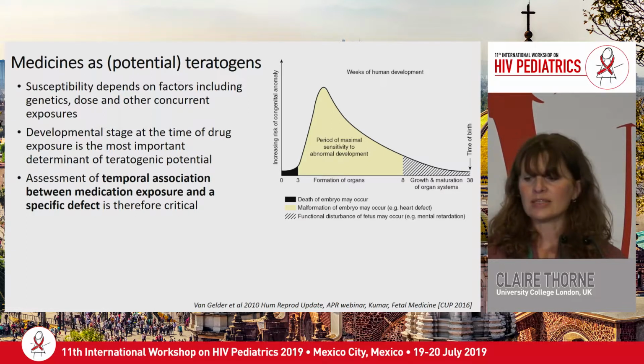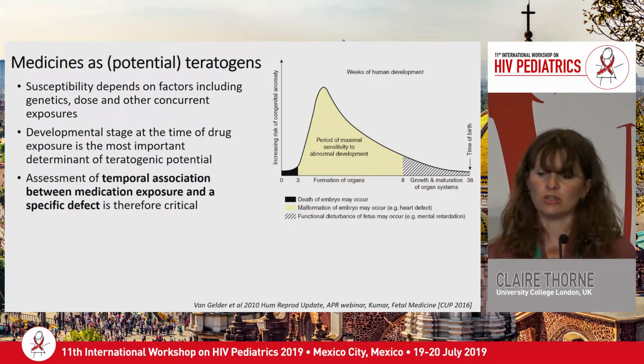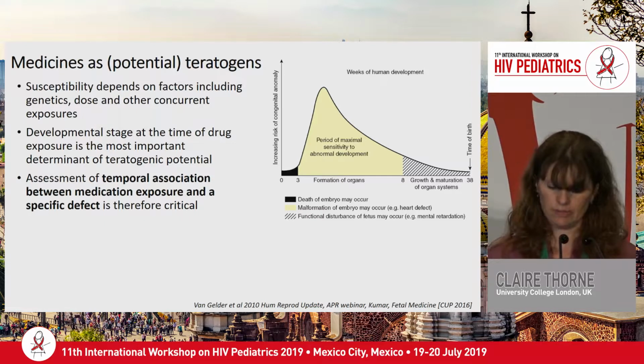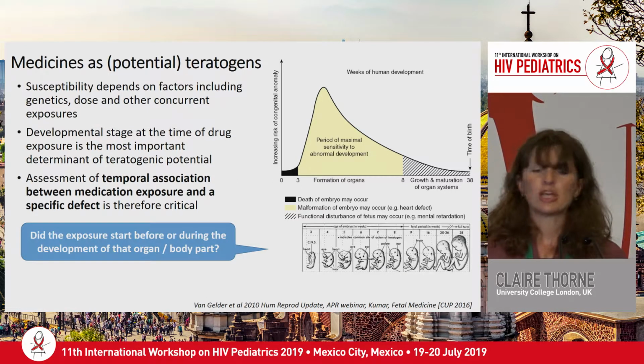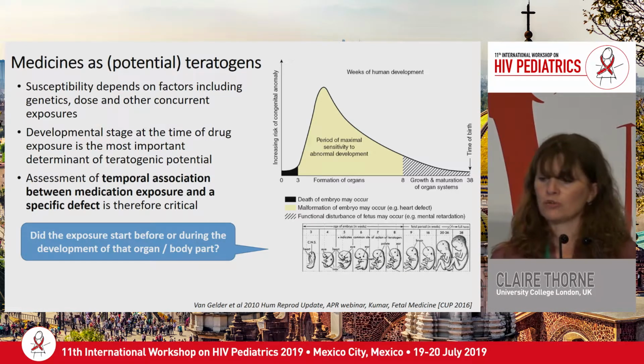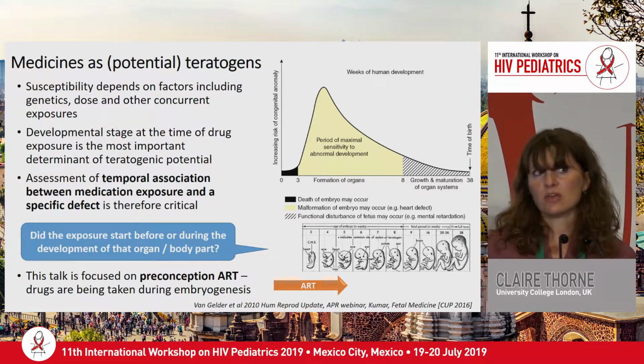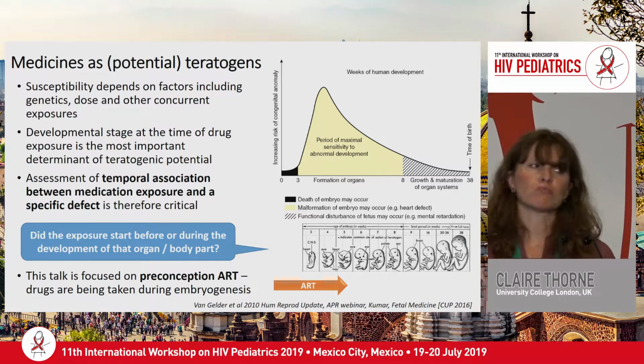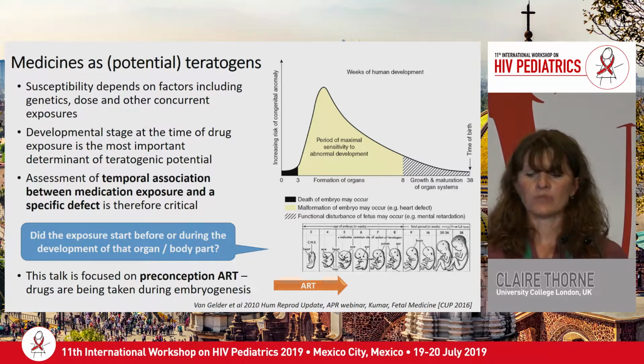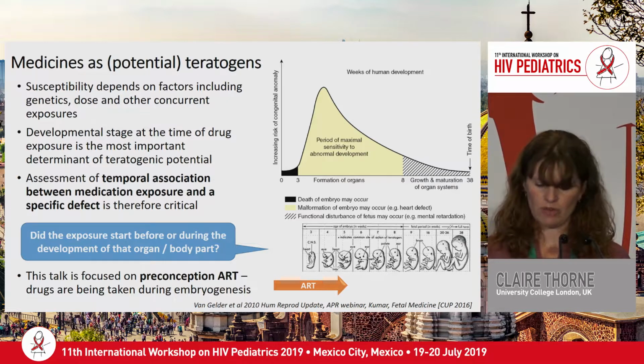And therefore, assessment of temporal association between the medicine exposure and the specific defect is critical. Did the exposure start before or during the development of that organ or body part? This talk is focused on preconception ART, so drugs are being taken during embryogenesis.